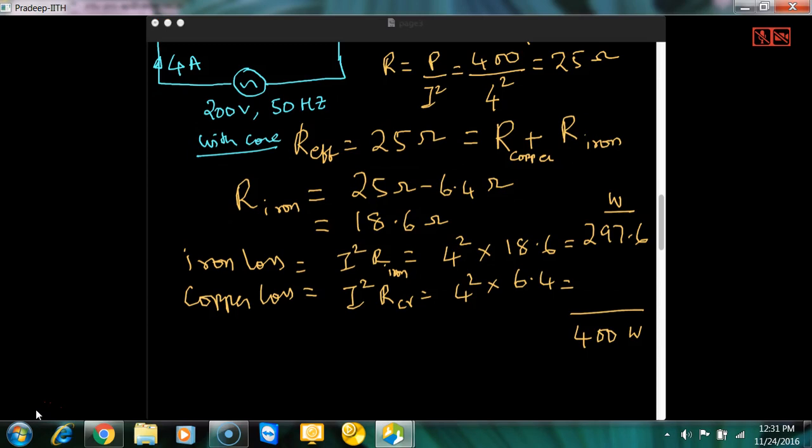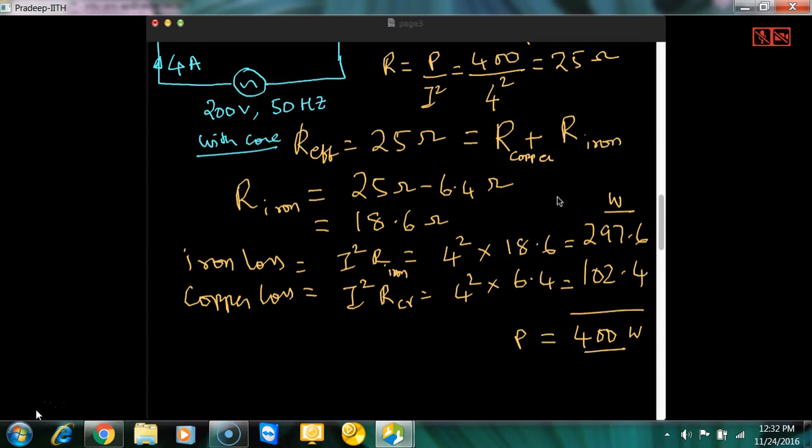How much is this one? 4 square into 6.4. This one is 102.4 watts. And if you see, if I add these two, it will confirm that the total power is 400 watts.